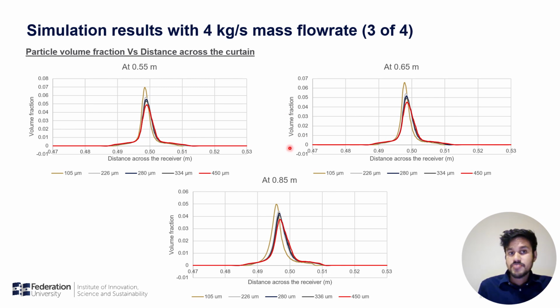As in the previous case, you can see that smaller particles have smaller curtain widths and stay within the core of the curtain, and larger particles have larger particle curtain widths and move towards the periphery. But when we compare it with the 2 kg per second mass flow rate scenario, the width difference decreased.